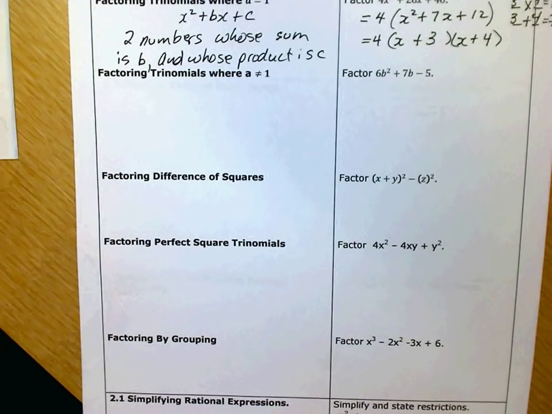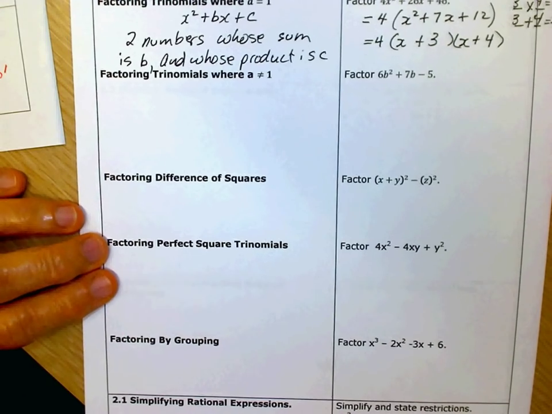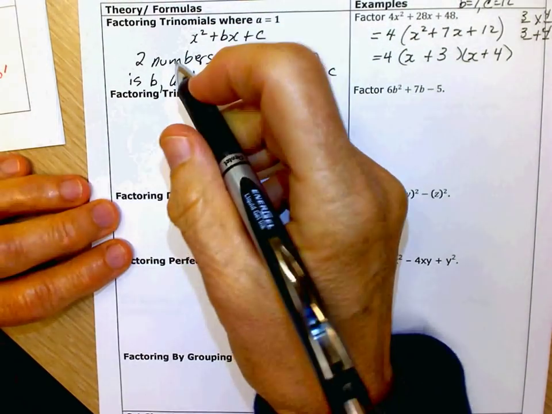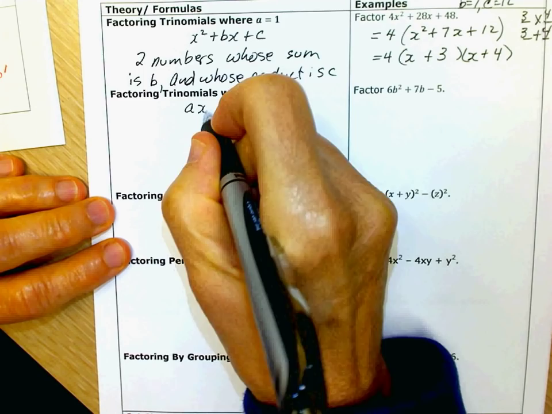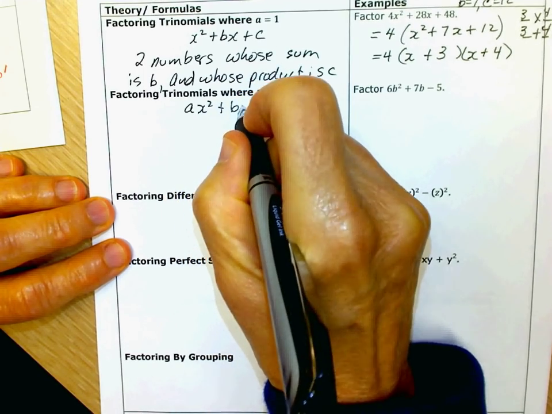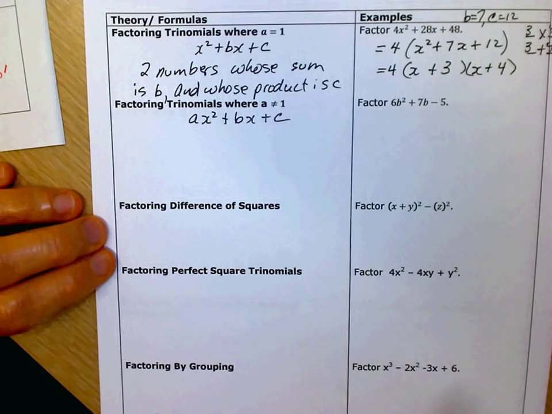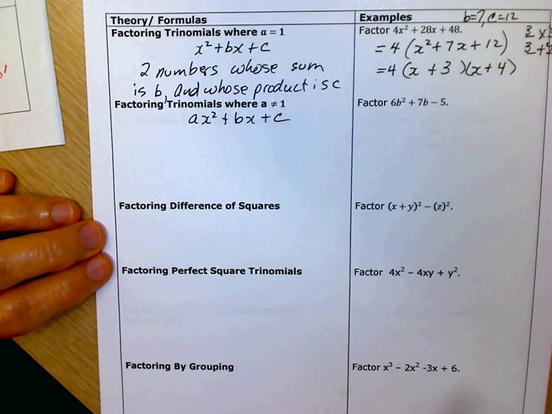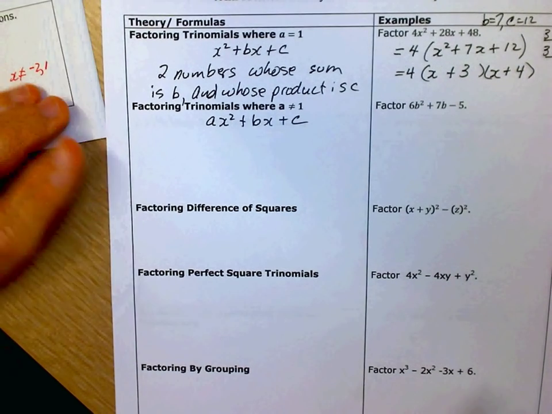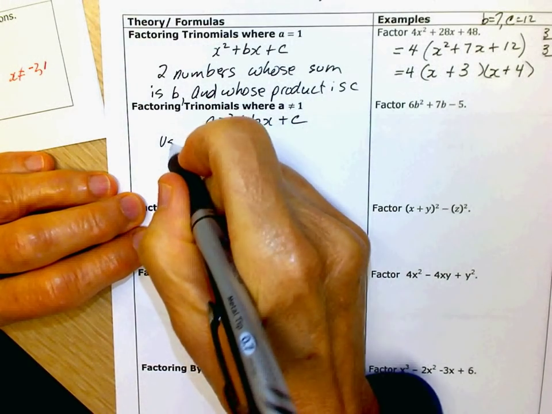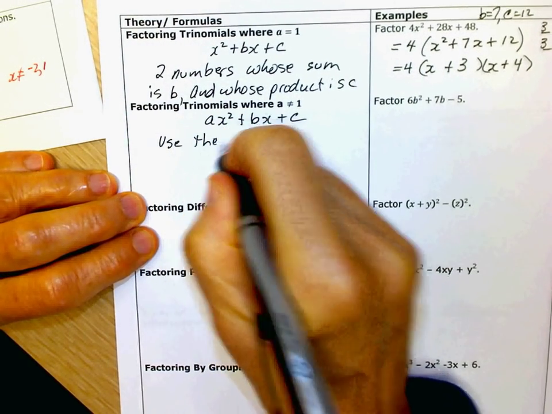Now, when factoring trinomials where a does not equal 1, the trinomial will take on this form, and a is not 1. So that makes things more complicated, but we use the method of decomposition.